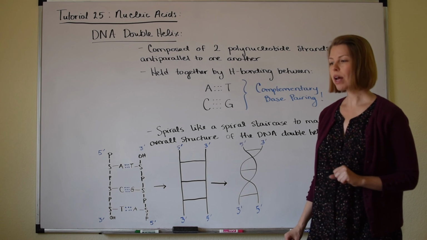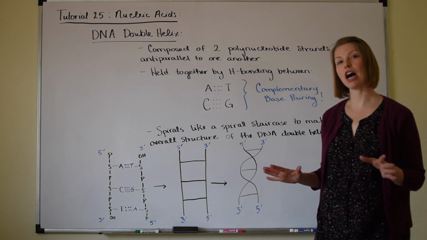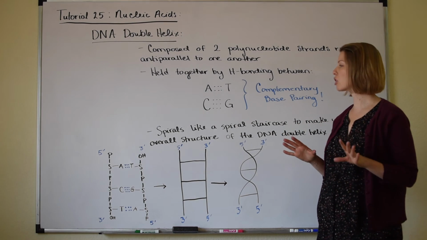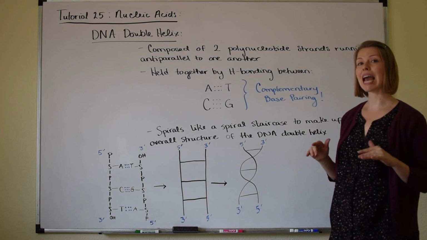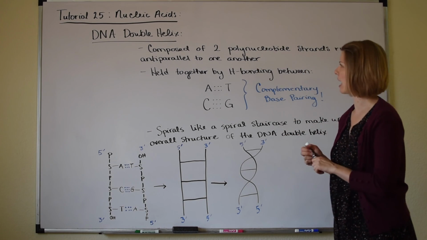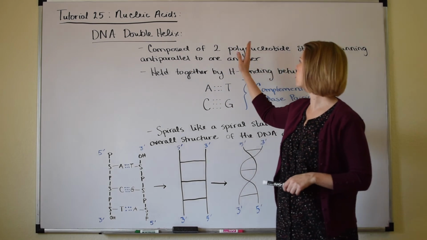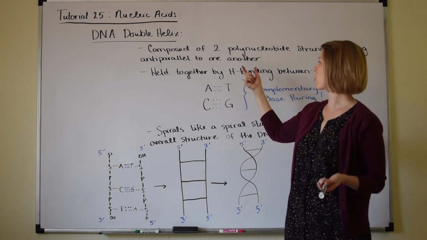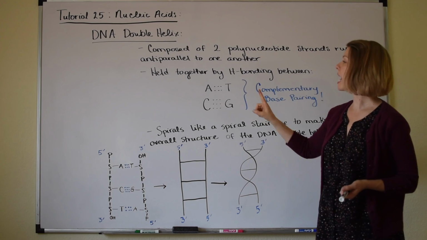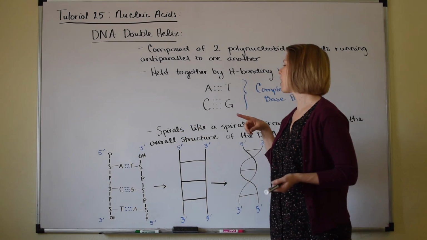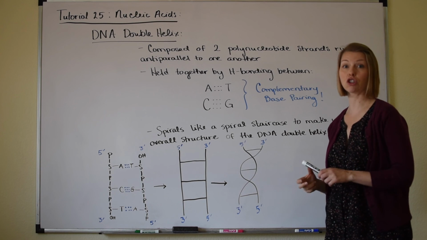All right, so what I want to do to just finish up the tutorial for today is a quick contrast between DNA and RNA. So let's write a couple more things up here for DNA. So we know now it's composed of two polynucleotide strands running antiparallel to one another, held together by complementary base pairing, A to T, C to G, and that it overall has this spiral staircase structure.